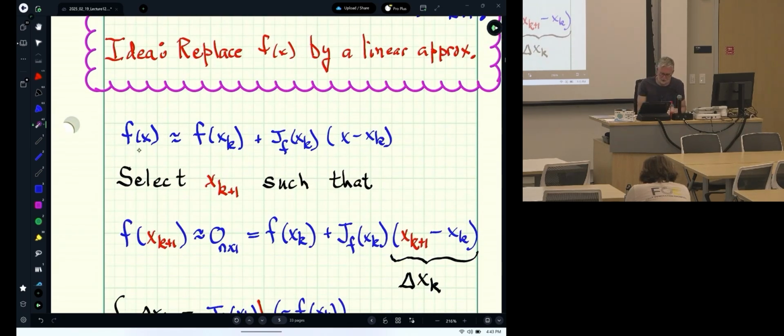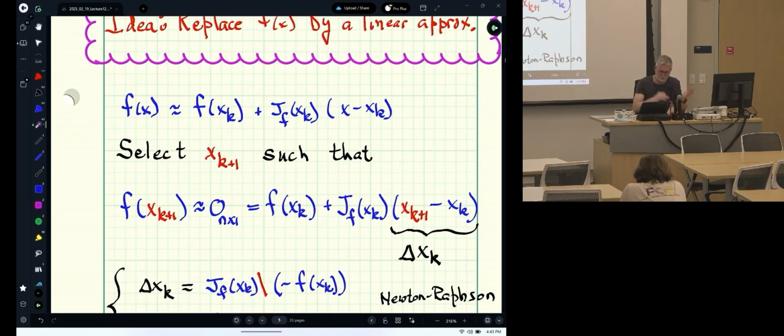So then the function, when it's evaluated at our current guess, is just an n vector, a constant. This is an n by n matrix of constants. And then this is x minus xk. So that's just the standard linearization. And what we want to do is choose the next iterate such that f of xk+1 is approximately 0.